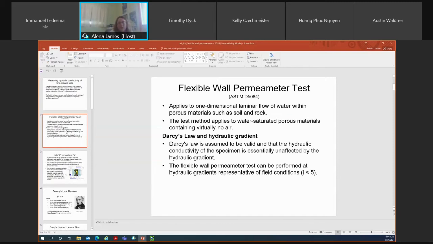So your specimen can't contain air, because that will give you a false indication of your hydraulic conductivity, and it also inhibits the ability to properly measure the hydraulic conductivity. For the flow to be considered laminar, Darcy's law has to be assumed to be valid. So that is one condition of the flexible wall permeameter test. We assume Darcy's law is valid and flow is laminar.